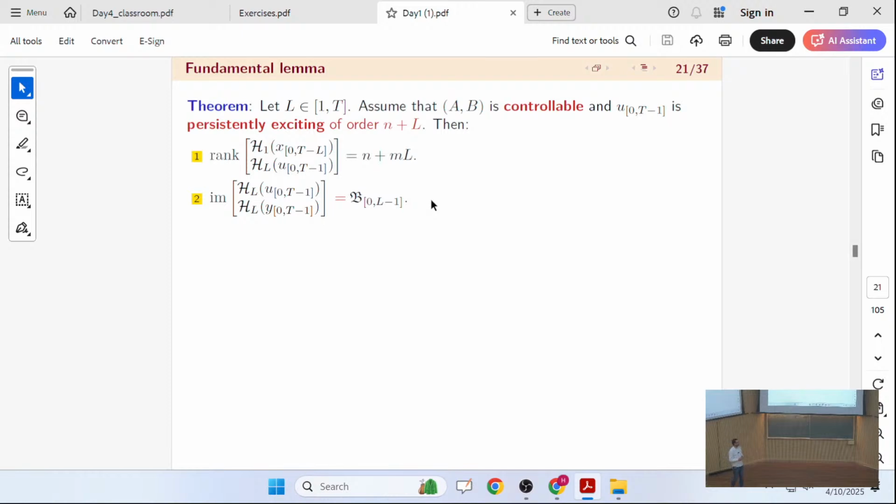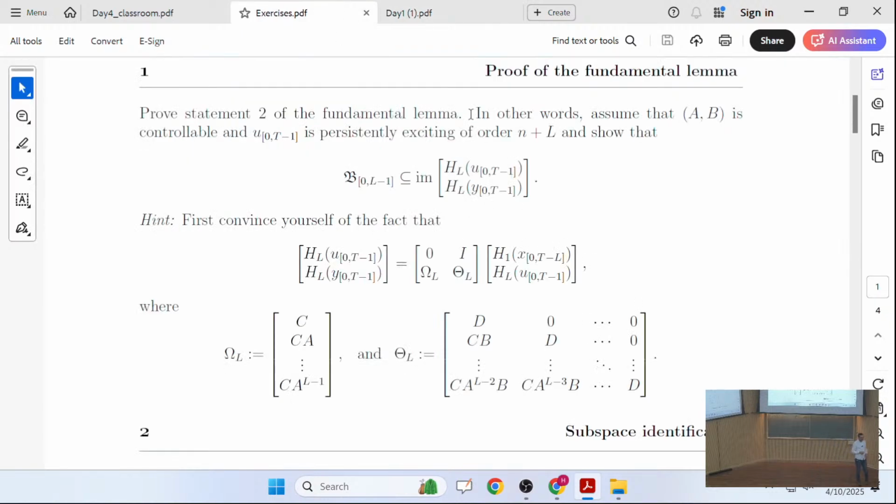So the way I would approach is the following. First of all, I make an observation. I can write this restricted behavior, or the one over there with 0 to L minus 1, in terms of certain matrices. And that are given also in the next slide.